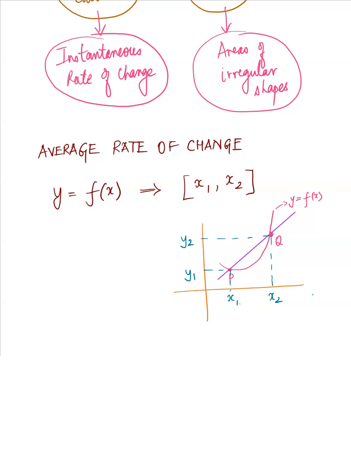If it is a line like the purple line, we can definitely find the average rate of change by simply finding the slope between the 2 points P and Q. But remember, here too we're drawing a line through P and Q. However, this line is not the line of interest, really, because we're trying to find between P and Q the curve, not the PQ line, right? Therefore, when you try to connect 2 points on a curve and draw a line through it, that line, we call it the secant line.